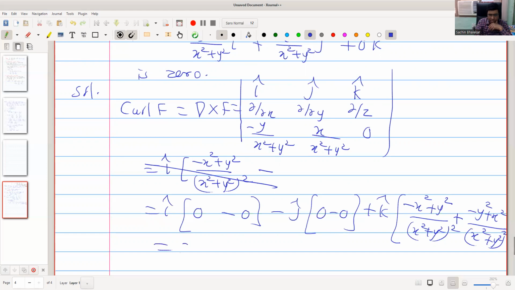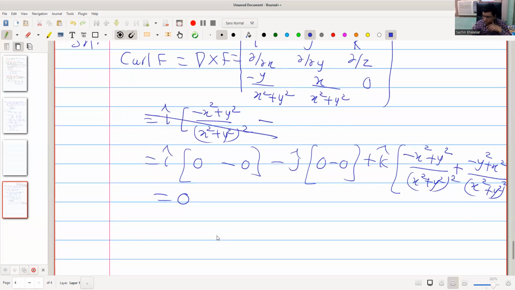So we can see that it is 0. Okay, so curl is 0. Next thing is we are asked to show that divergence is 0. Okay?